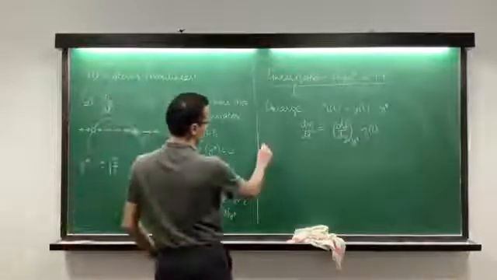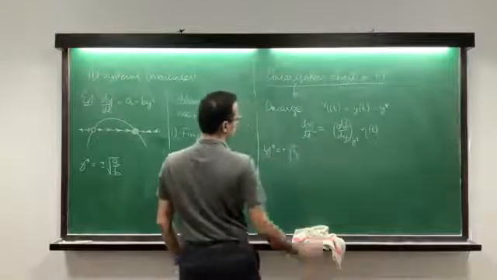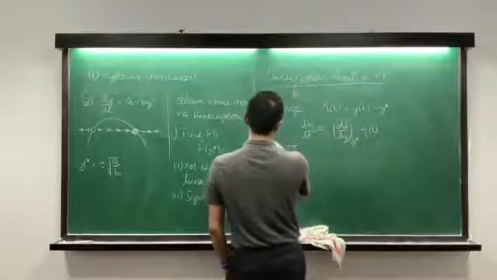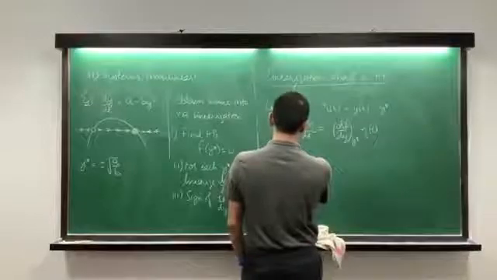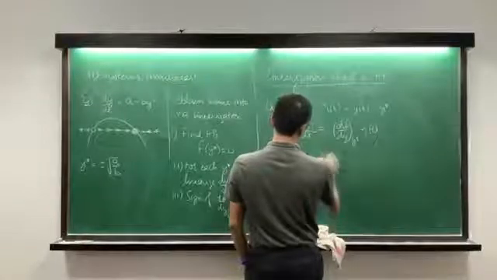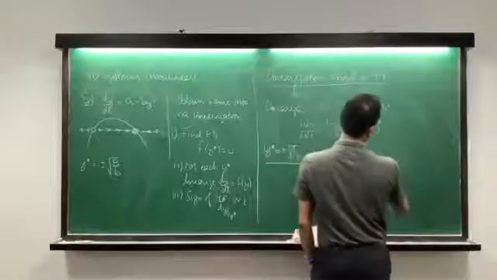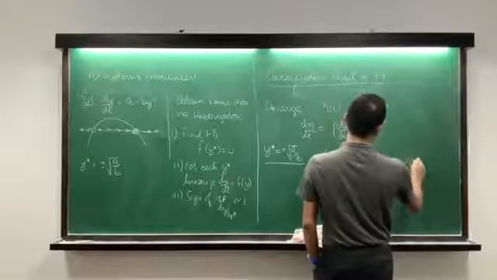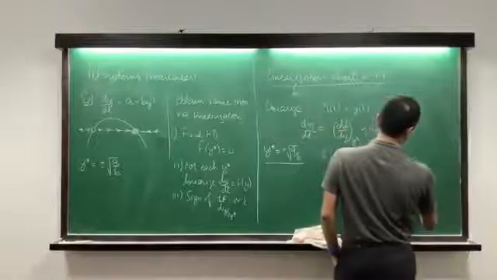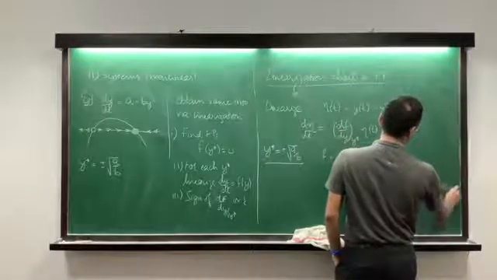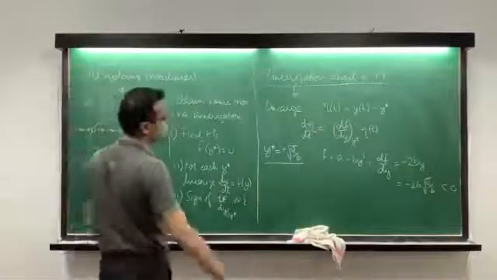So if I take the first fixed point, the positive square root of a by b, then for that I am going to get df by dy. f is a minus b y square, df by dy is minus 2by, and if I put y star as square root of a by b, I get minus 2b square root of a by b, and this is negative because you remember we assumed that a and b were both positive over here.